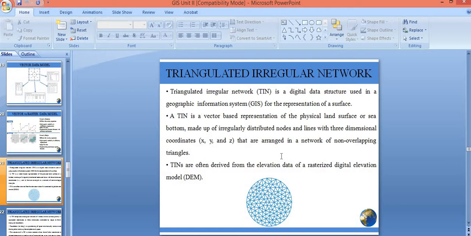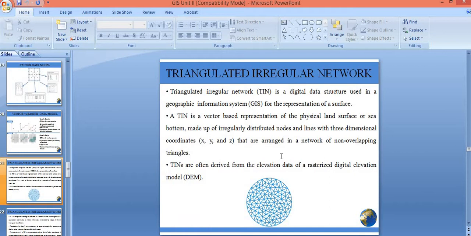Those models are not capable of storing the elevation details. So we have to go with a model called the digital elevation model, DEM. DEM is a model meant for storing the elevation details, and the triangular irregular network is a type of DEM.